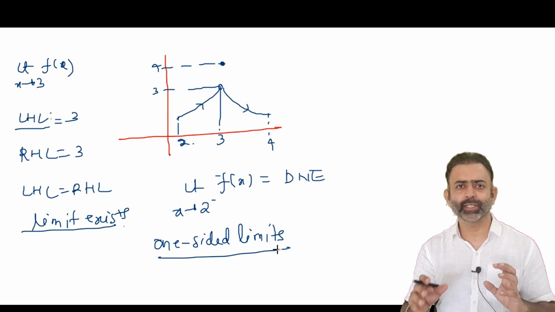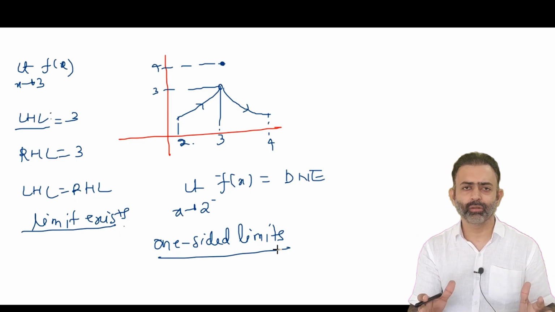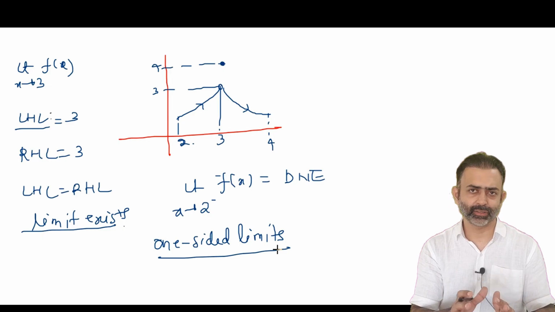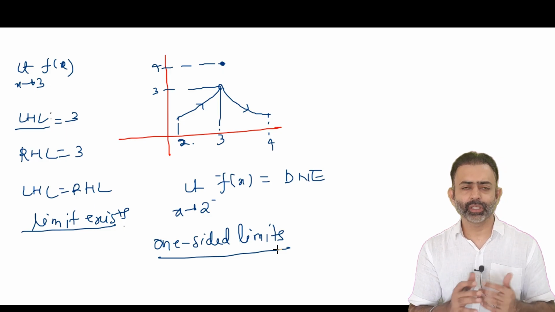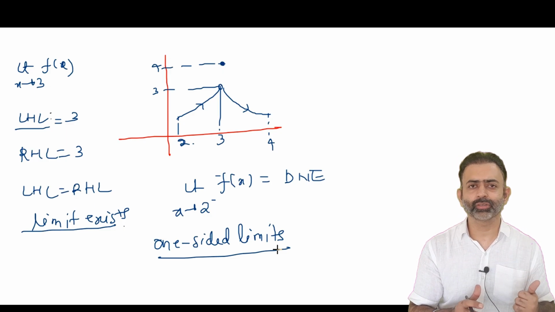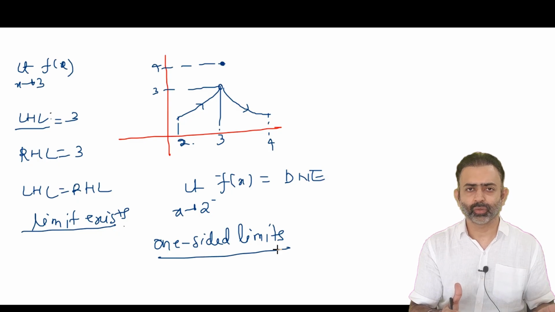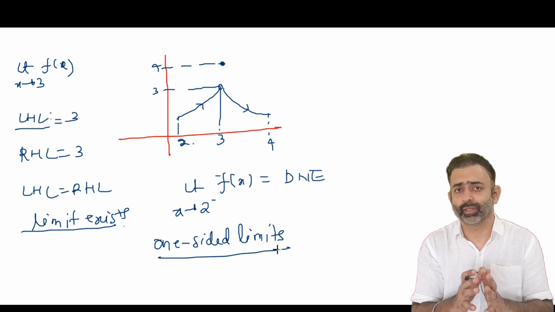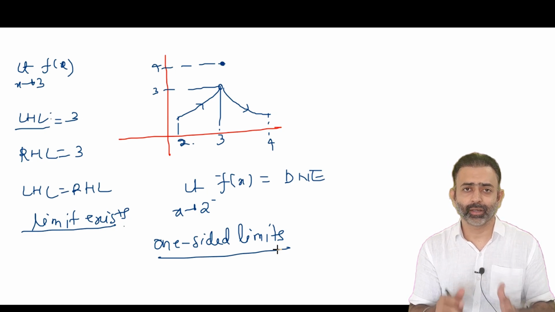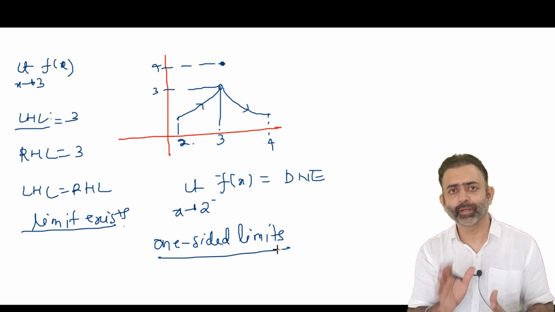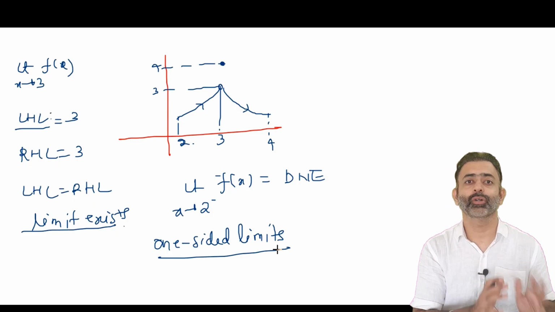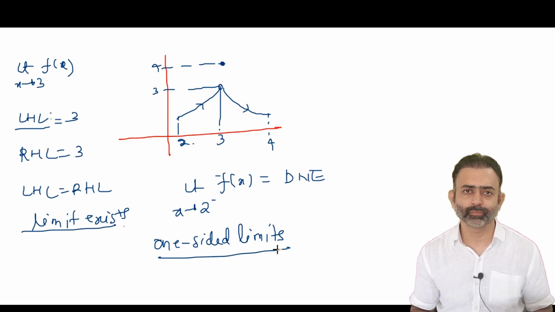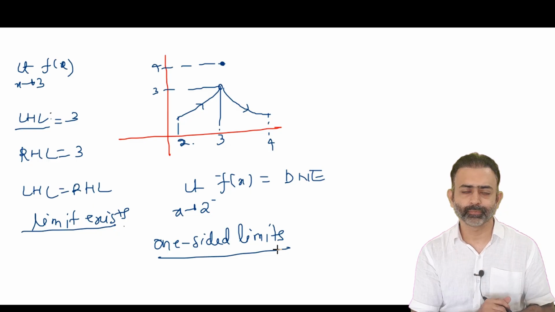If the one-sided limits at a point are both equal, then we say that the limit exists. At x equal to 2 there is no left hand limit. So can we say that at x equal to 2 the limit exists? That is an incorrect statement. The correct statement is that only the right hand limit exists; the left hand limit does not exist because the function is not defined.